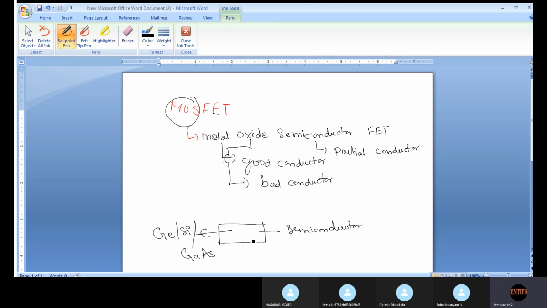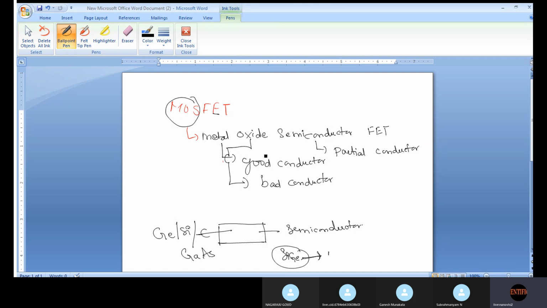Apart from germanium, silicon, or gallium arsenide, silicon germanium semiconductor was there, which was very powerful. It is very advantageous in terms of many factors like short circuits, which I'll be discussing further. Silicon germanium is also under investigation.